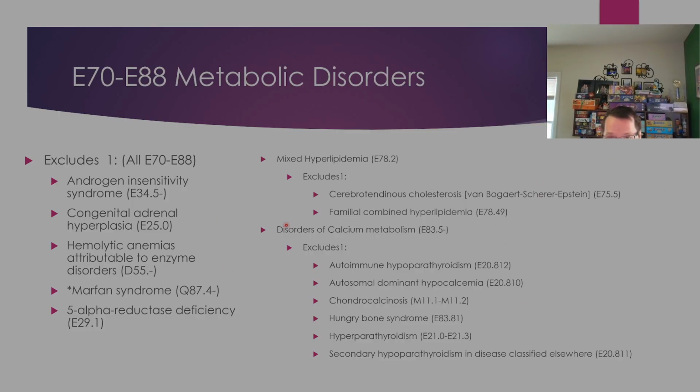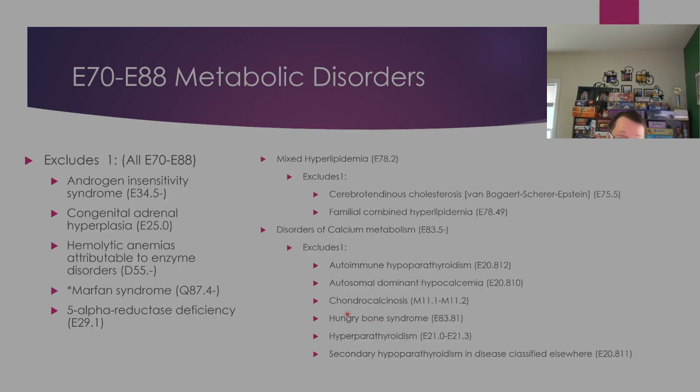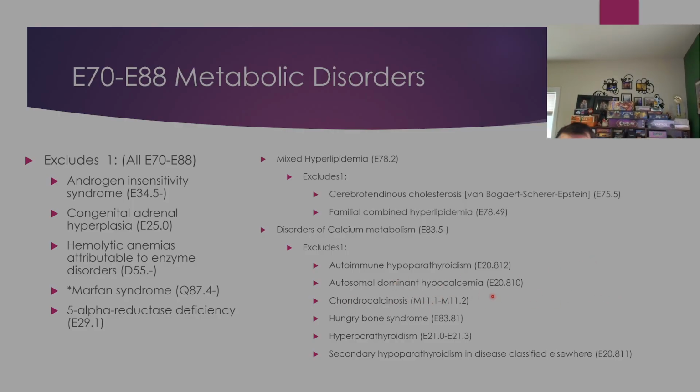I don't know how common a lot of these conditions are. Some of these I've honestly never seen, and I'm not even going to bother trying to pronounce. Other ones are actually very common, like hyperparathyroidism. You see that all the time. Or, I'm going to say this one absolutely wrong probably, but you do see it often, chondrocalcinosis. I know that would be stones. So I can't really say the words, but I do know them.